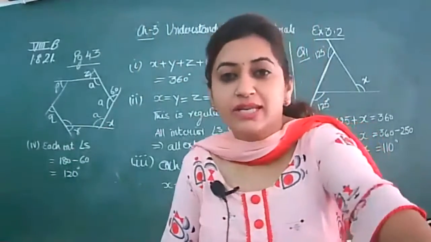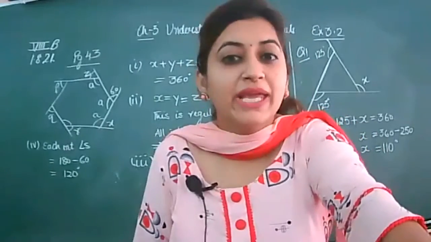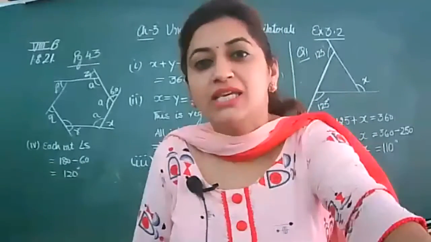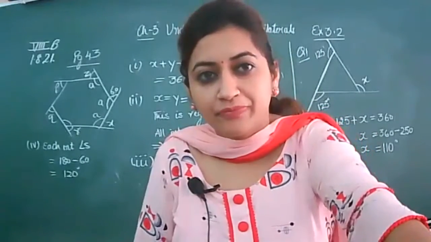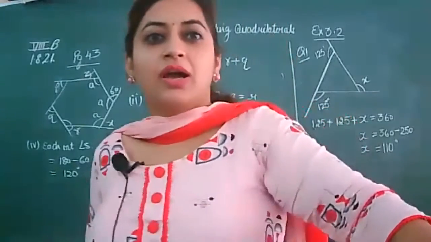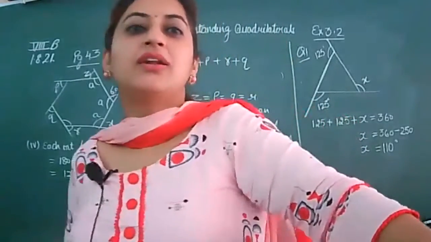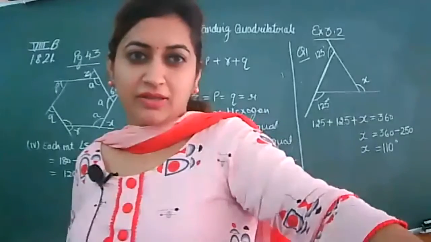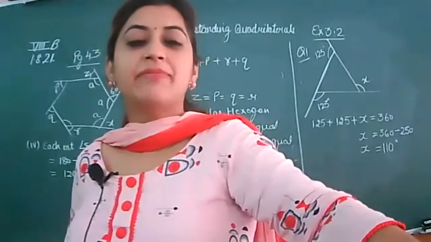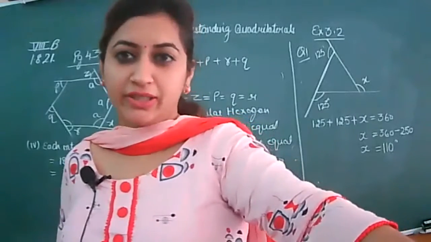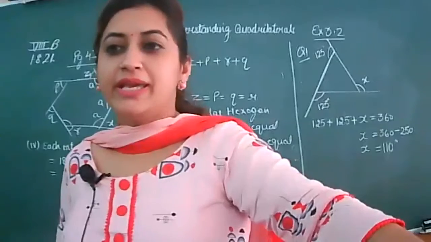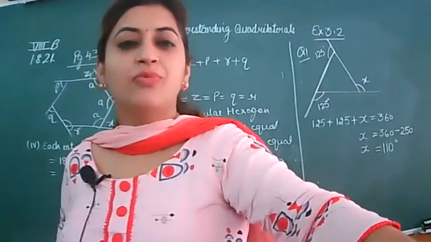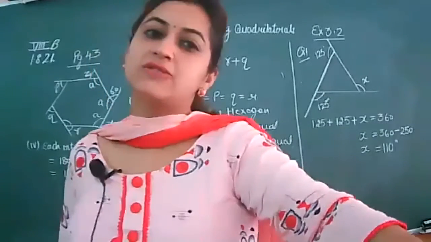If each exterior angle is 40, what will be the interior angle? Can you tell me each interior angle? 140. 180 minus 40, that is 140 degrees. Each interior angle will be 180 minus 40, that is 140.